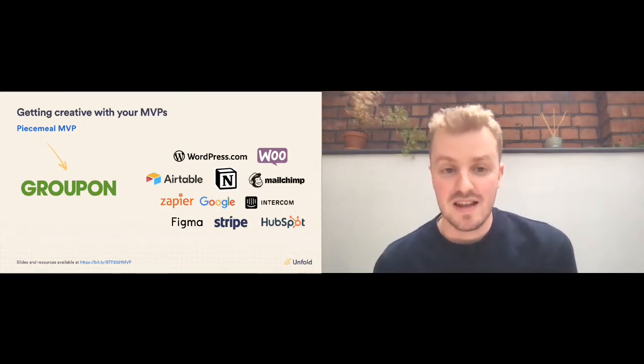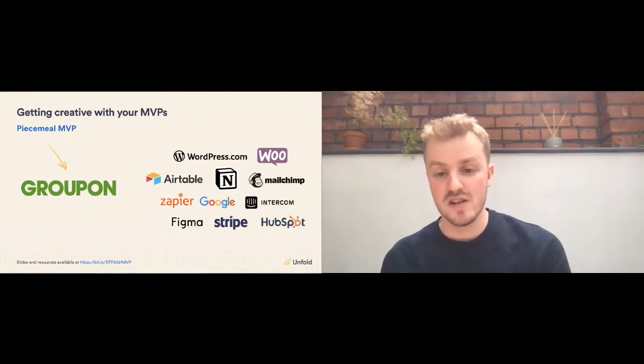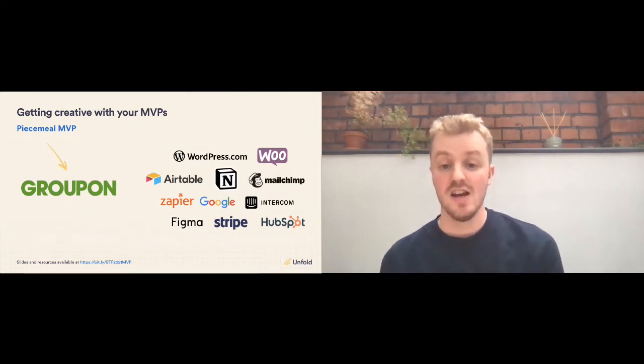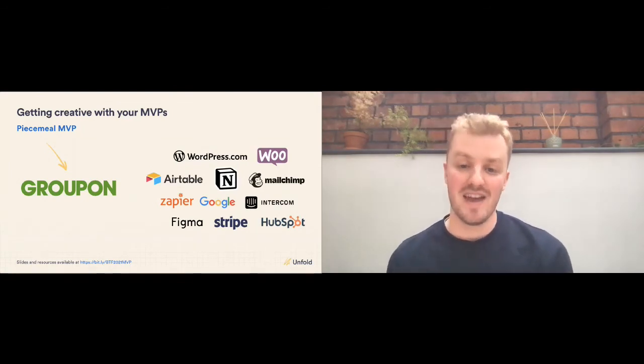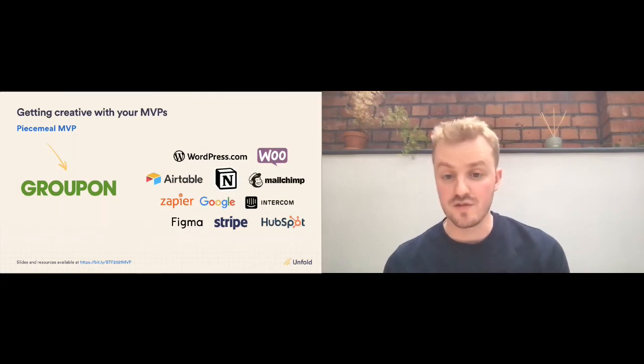That's a really simple way of not spending too much money or resource before learning how people are going to use the product, and then going and building it properly once you've got that validated learning.